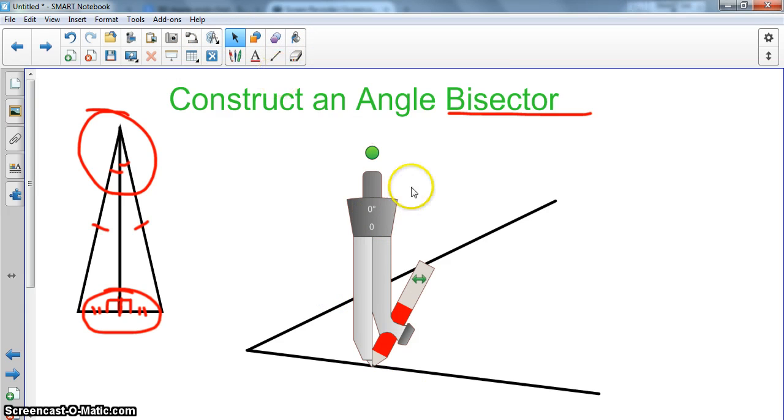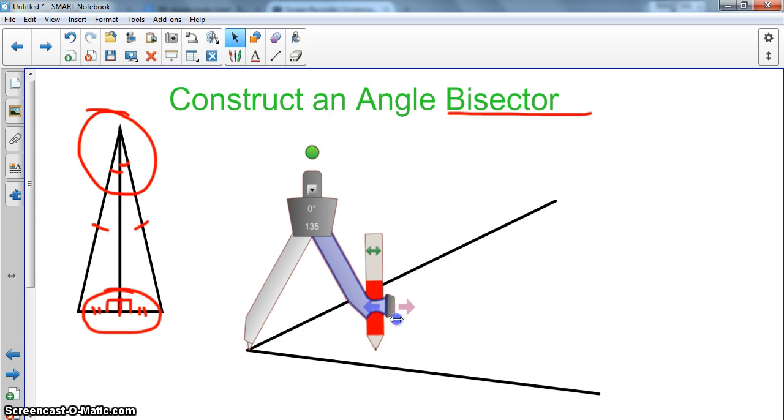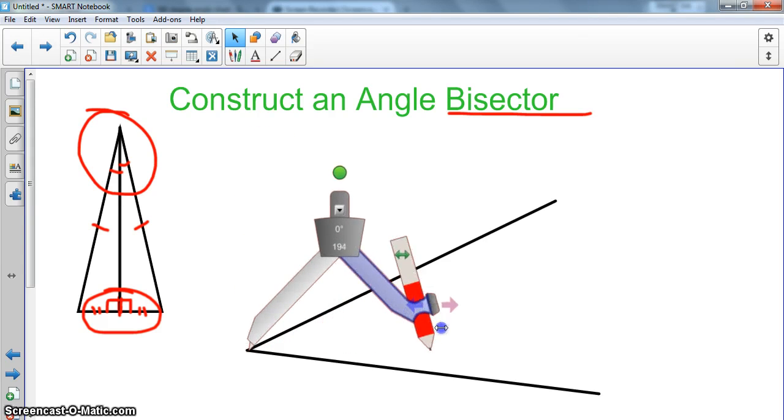So I'm going to grab my compass tool. I'm going to put the center of my compass right on the vertex of my angle, and I'm going to make some radius. It doesn't matter where. We can make a small circle, big circle, whatever.